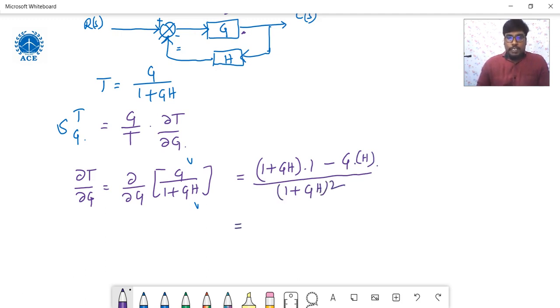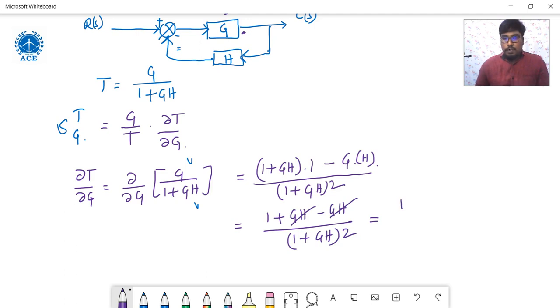So this will be taken as 1 plus GH minus GH divided by 1 plus GH whole square. Okay, so these two terms will get cancelled. Now the final one will be 1 by 1 plus GH whole square. Okay, so let us complete this term.